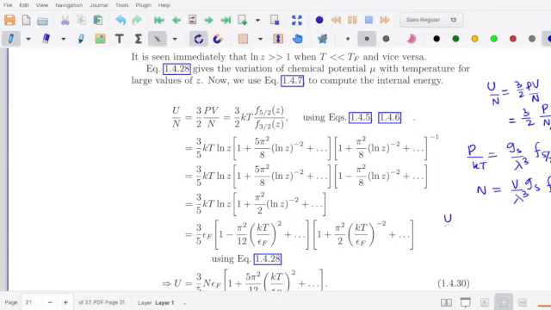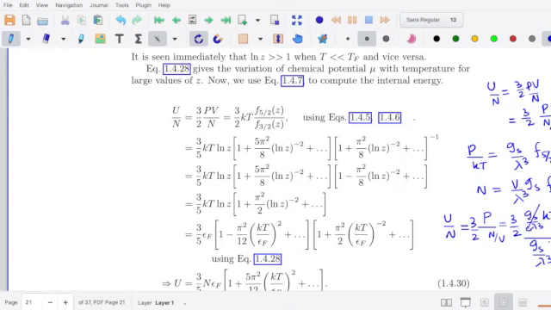Therefore, U by N becomes 3 by 2 times P divided by N by V. Now P is equal to gs by lambda cube, then this kT goes to the numerator here, so kT F5 by 2 of z, divided by N by V, and N by V is equal to gs by lambda cube F3 by 2 of z.